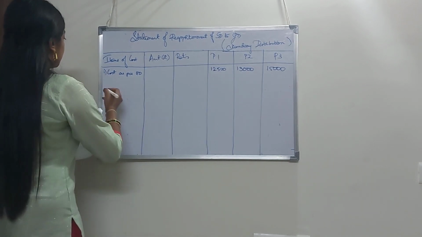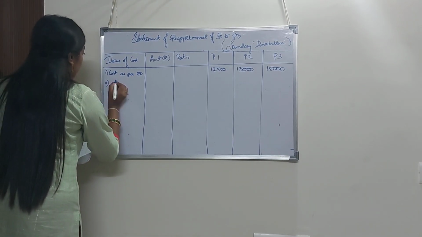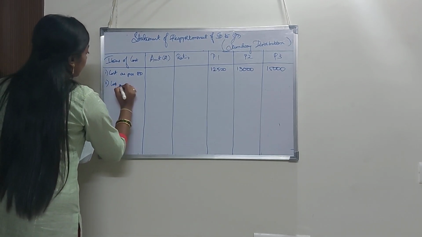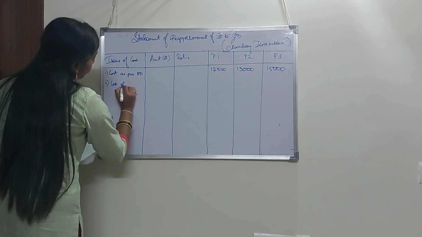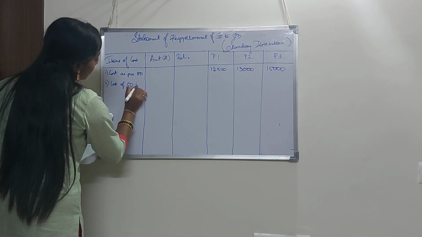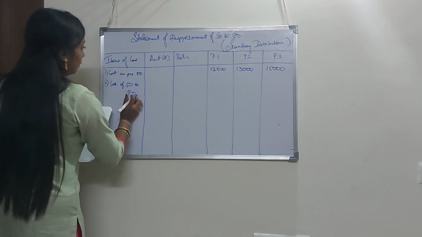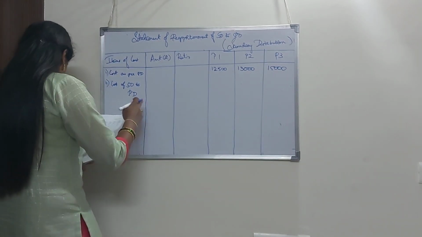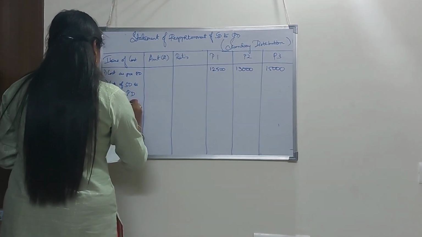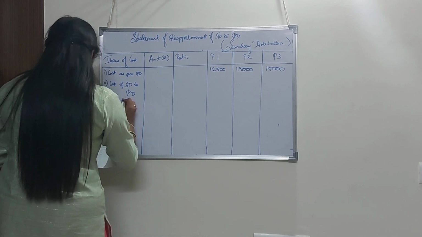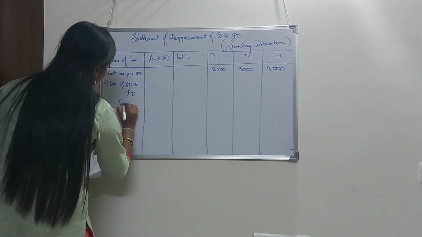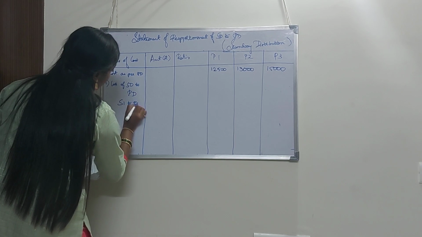Now the second step would be reapportionment of cost of service department to production department. So what would be the amount of production department S1? S1 to production departments.